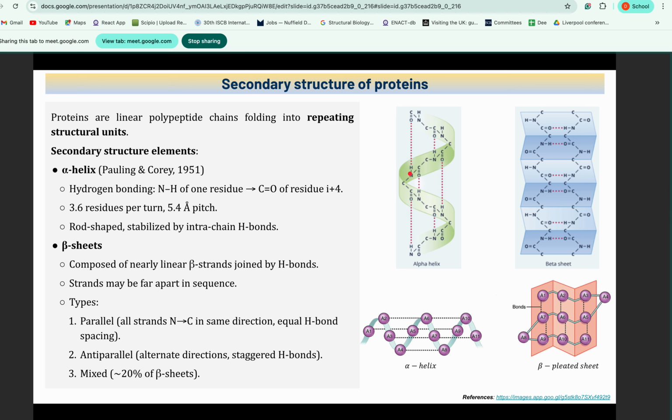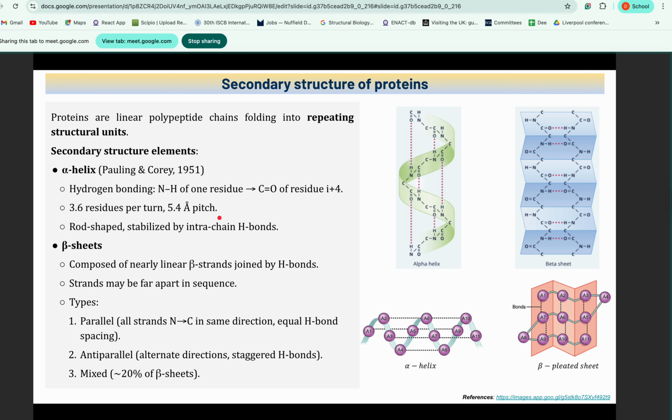There are multiple types of alpha helices, distinguished by where the bond is present. In the next slide, we'll see that. The basic type of alpha helix is this helix in which the bond is between the i and i plus 4th residue. In this case, in one single turn there are 3.6 residues, and the pitch, or the height of this particular turn, is 5.4 angstrom.